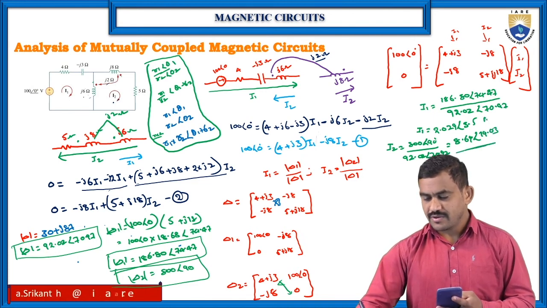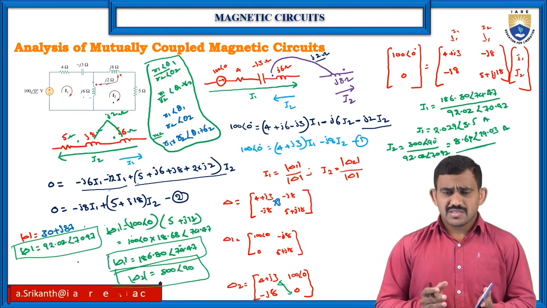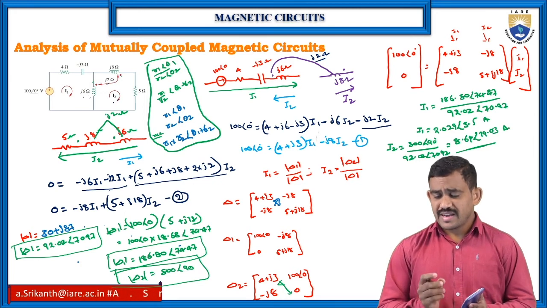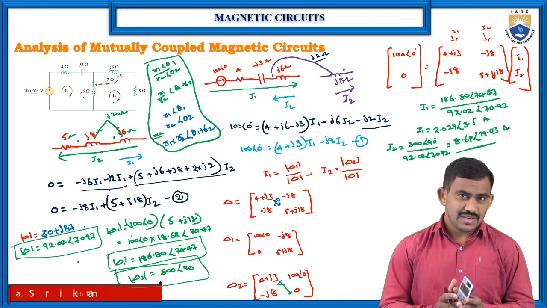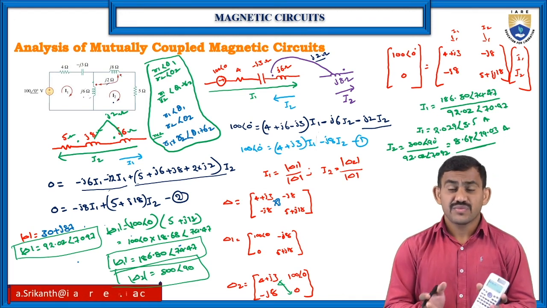That is your I2 value. So these are the values of I1 and I2 when two inductors are mutually connected and in different loops.